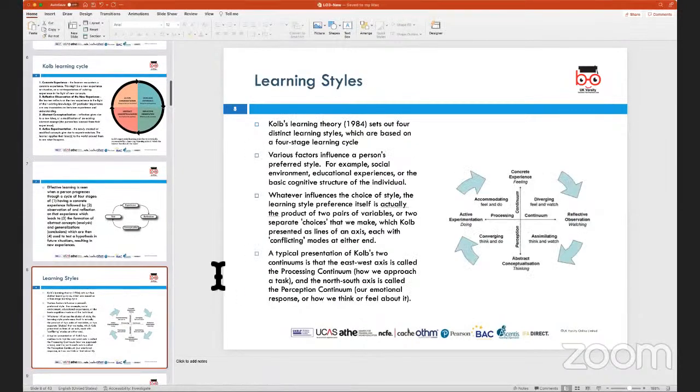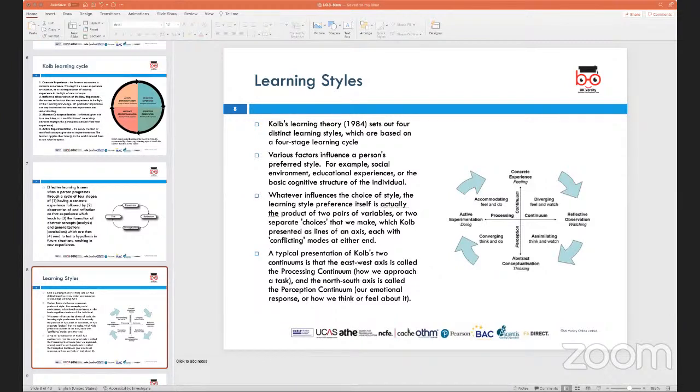Now, these learning styles, which Kolb came up with, also led him to develop the four different types of learning styles that we now see when we are asked to fill in learning style questionnaires. This is to understand what kind of learner you are.